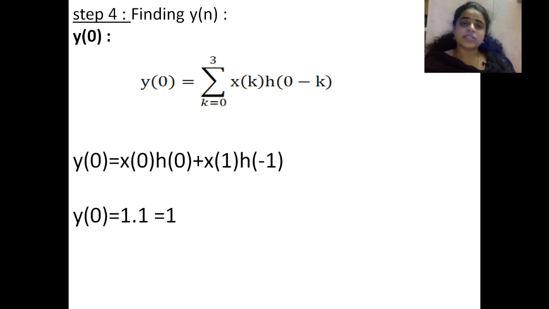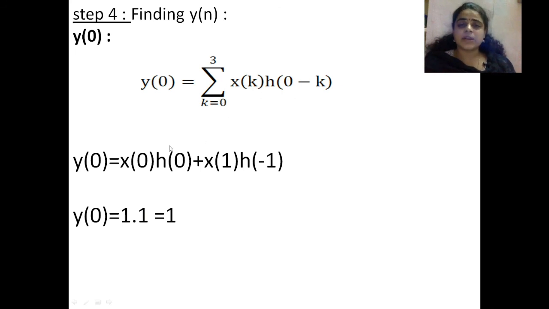Next, step 4 is finding y of n. From step 1 it is clear that there will be 4 samples: y of 0, y of 1, y of 2, y of 3. First we find y of 0 simply by substituting n equal to 0 here, and then by substituting k equal to 0, 1, 2, 3 and expanding this summation.